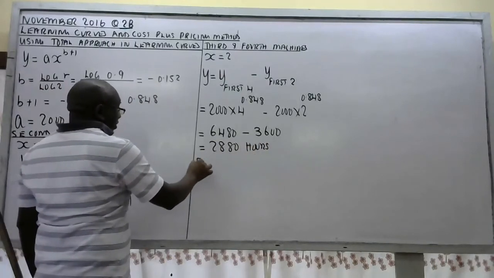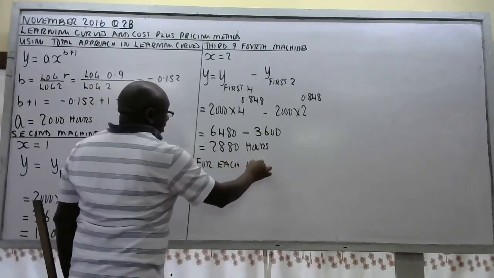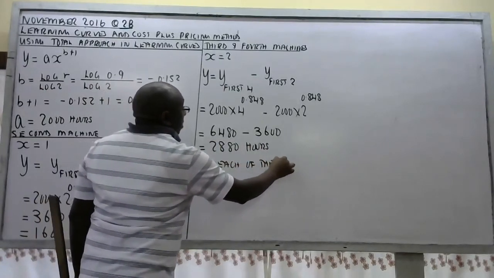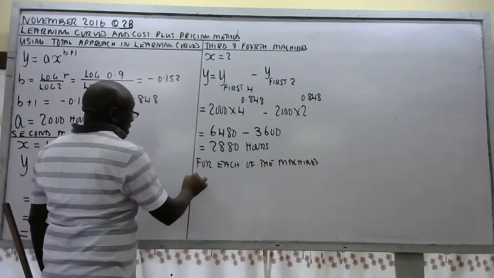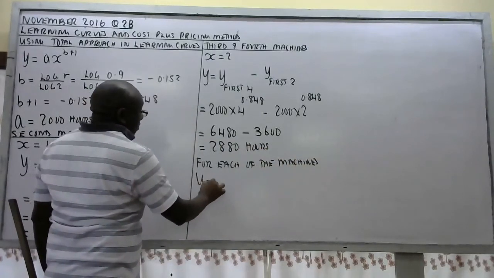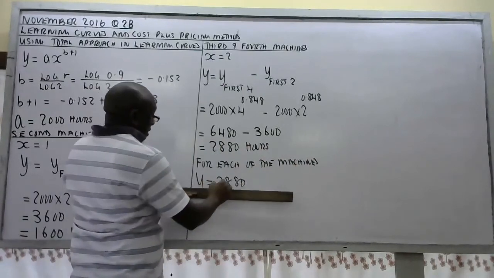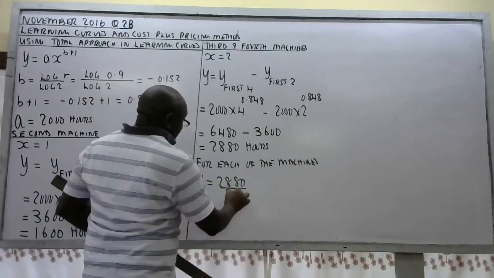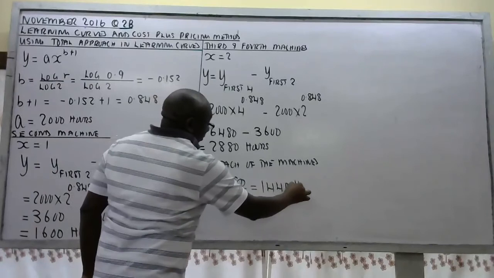Now for each of the machines, Y should be 2880. You divide by 2, and this is 1440 hours.